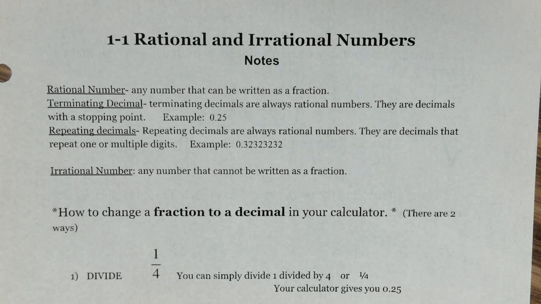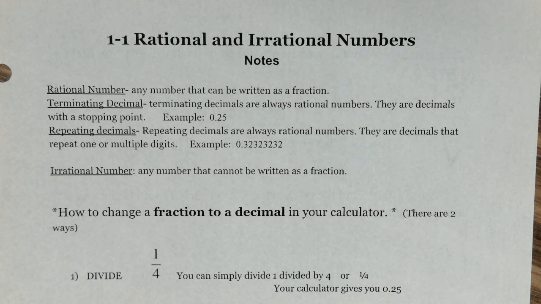Repeating decimals. Y'all know what it means to repeat, right? Just keeps repeating, like it keeps going. Okay, a repeating decimal is always rational. There are decimals that have multiple digits or one digit that repeat, like 0.333333 or 0.12121212. It keeps repeating. They are always rational, meaning these can all be made into a fraction.